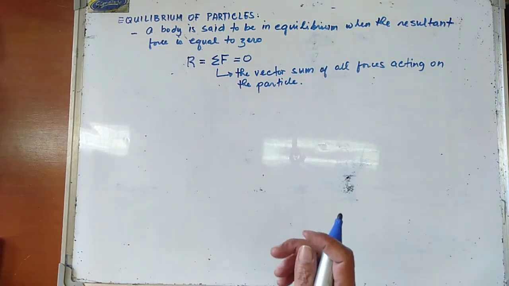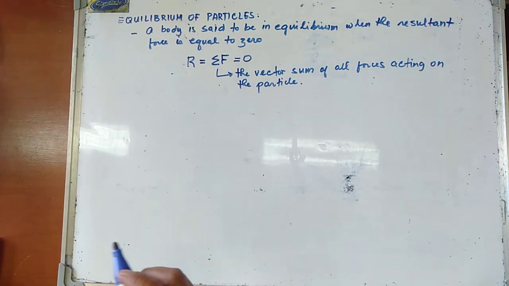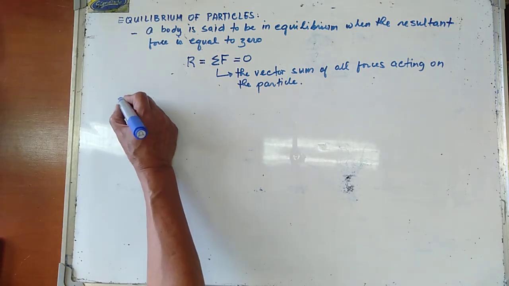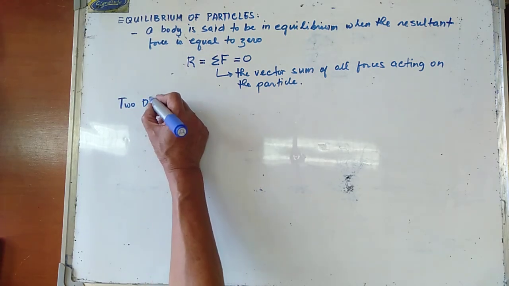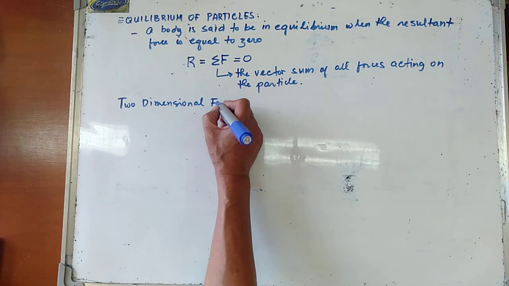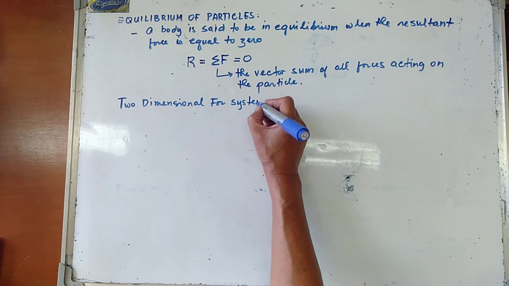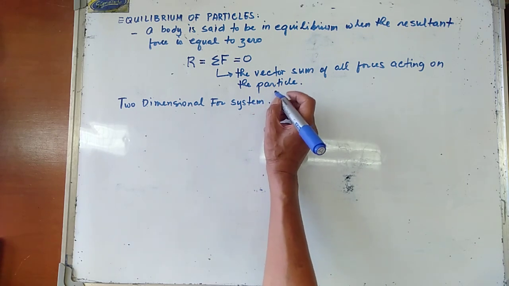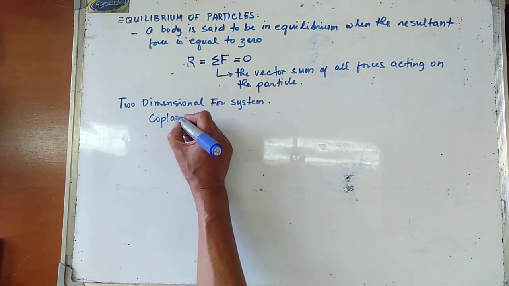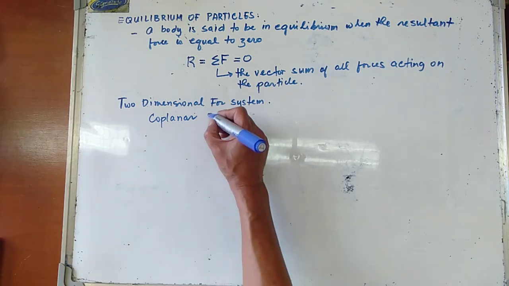Okay, so don't forget that the body is said to be in equilibrium when the resultant force is equal to 0. So let's proceed to two-dimensional force system. So let's start with the coplanar. When do we say that the force system is coplanar?